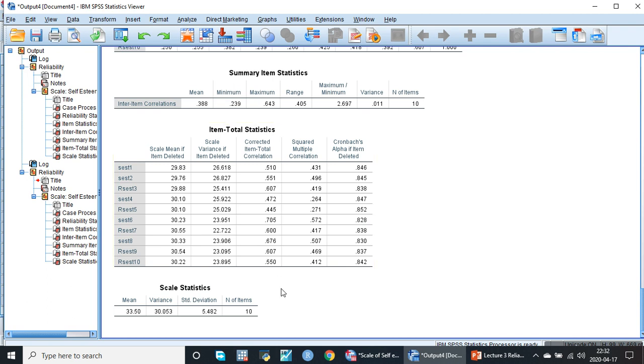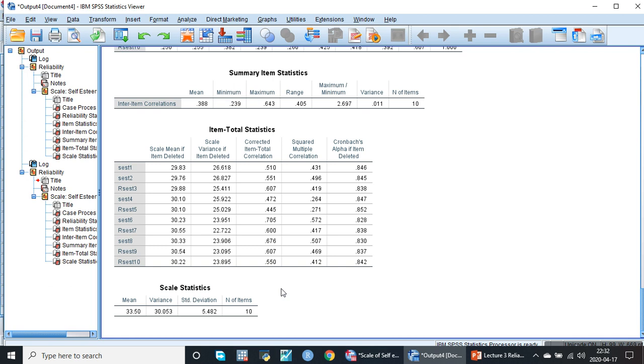And the theory says that we cannot remove any questions, because this will be useful if you are developing a scale.